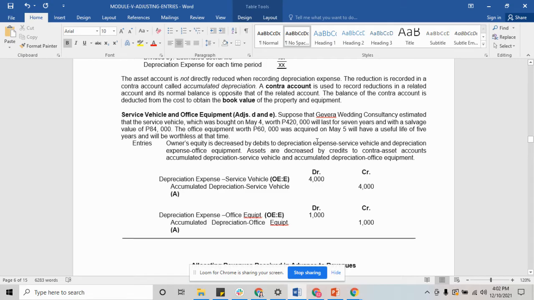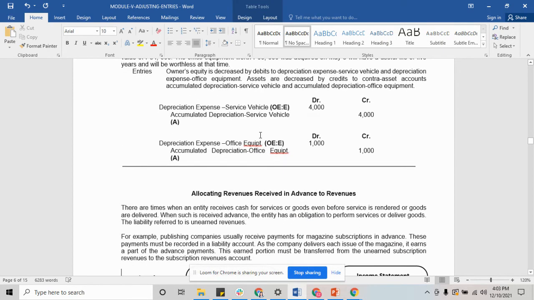So, kung i-analyze mo siyang mabuti, pagdating ng 5 years, yung office equipment mo worth 60,000, syempre, ang magiging total accumulated depreciation mo na din by that time is 60,000. So, yung book value niya magiging 0 na.